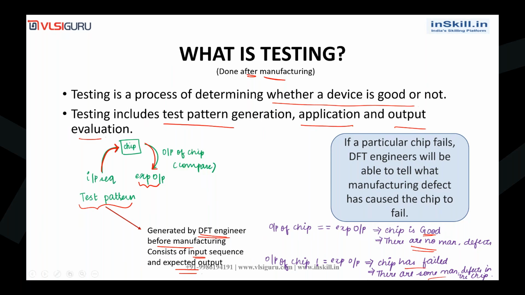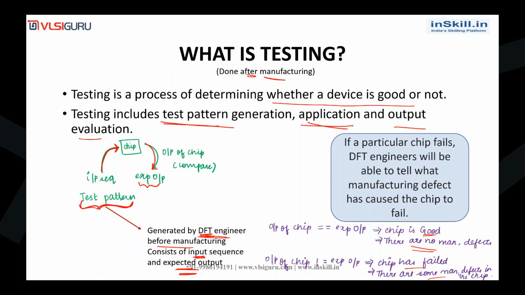So testing includes test pattern generation, application, and output evaluation. These test patterns are generated by the DFT engineers before manufacturing. They consist of an input sequence and the expected output.